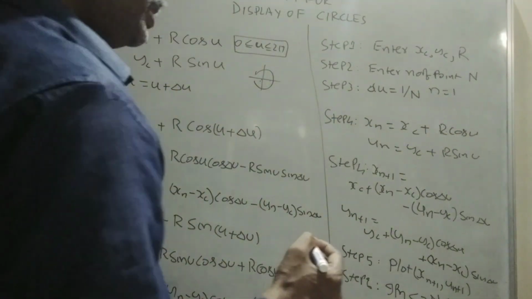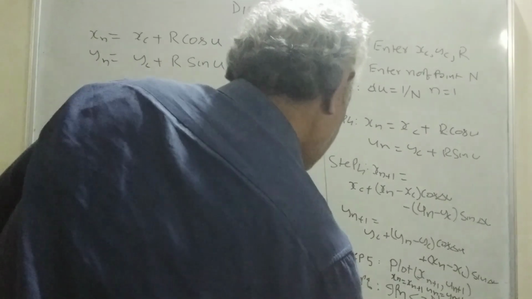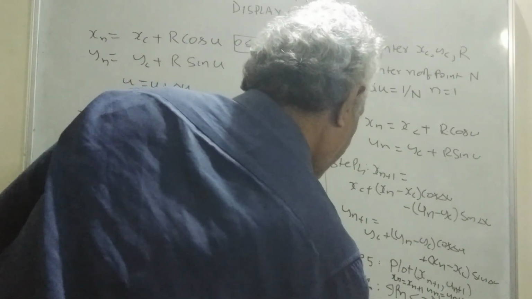And before going to this, xn is equal to xn plus 1, yn is equal to yn plus 1. And step 7, stop.